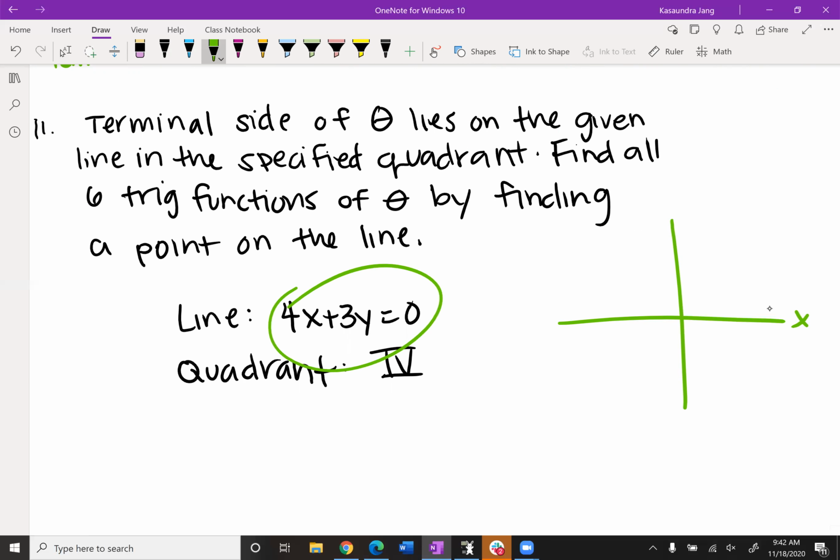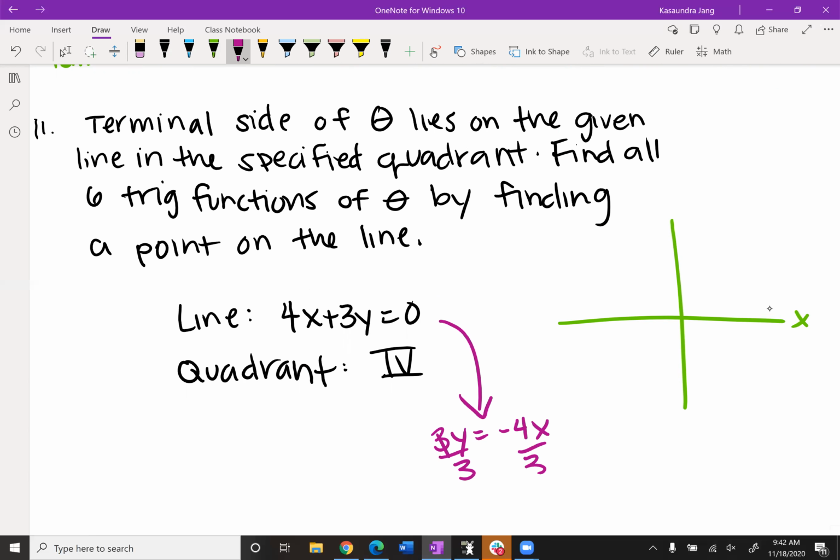So let's talk about this line. Let's put it in slope-intercept form here. I'm going to subtract my 4x over, divide by 3. So in slope-intercept form, here's my line. It's got a y-intercept of 0 and a slope of -4/3, like down 4 over 3.